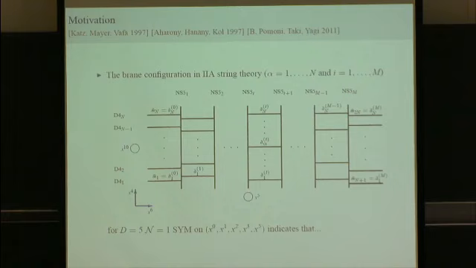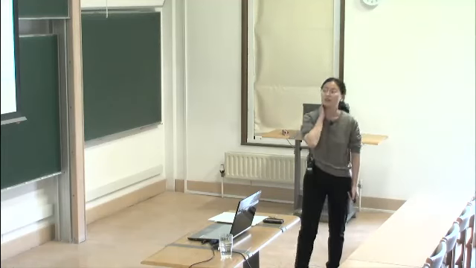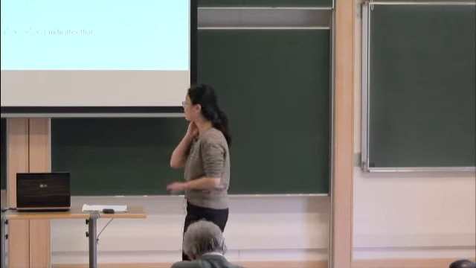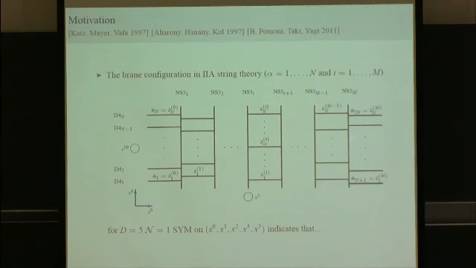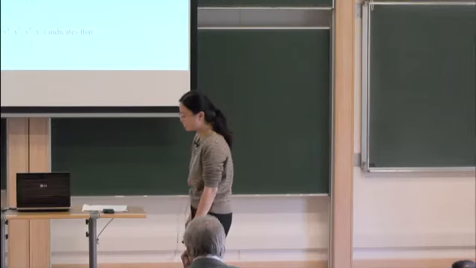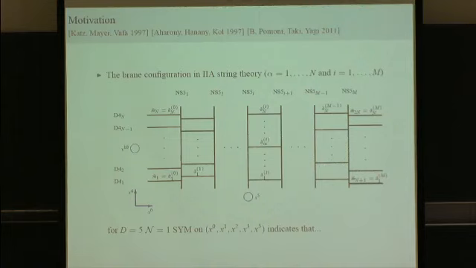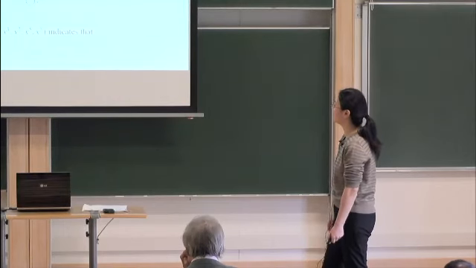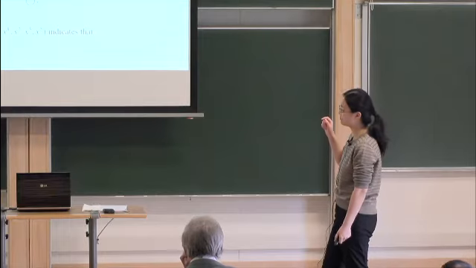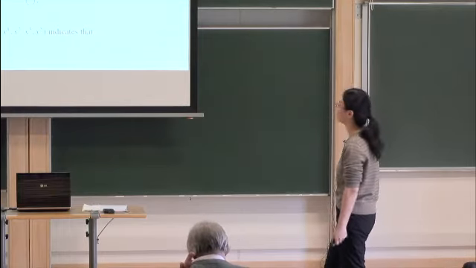The configuration that we have is that, instead of being an infinite direction, x5 is actually a compact circle. It has been argued by Washington Taylor that if you have D4 branes in string theory with a target space having at least one compact circle, it is just like a five-dimensional gauge theory. If you have D compact circles, then you have a 4+D dimensional gauge theory.